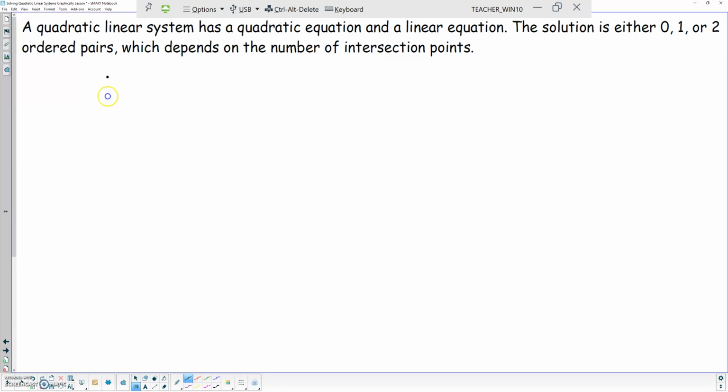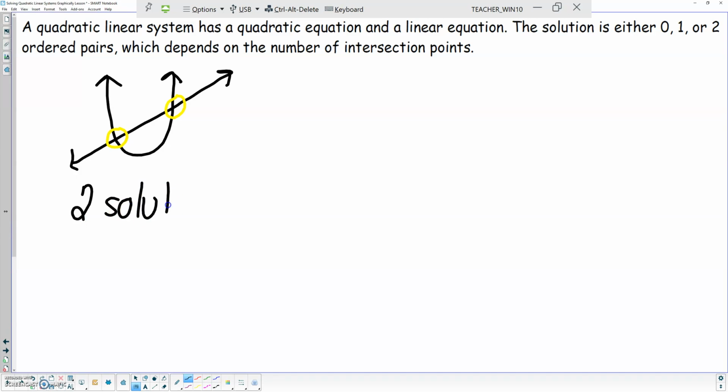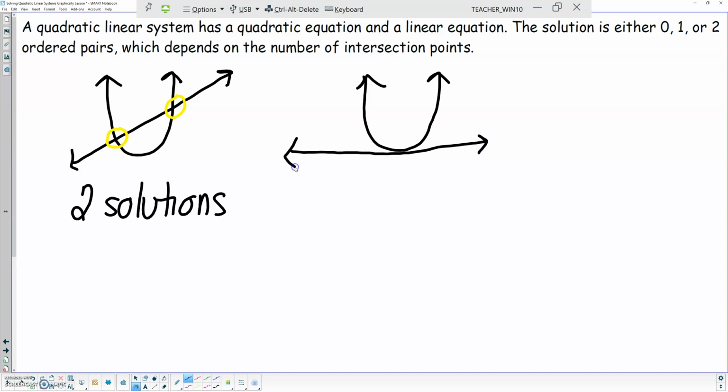Okay, so if I have a parabola and a line that intersect like this is where we get two solutions. If I have a parabola and a line that intersect like this, this is where we get one solution.